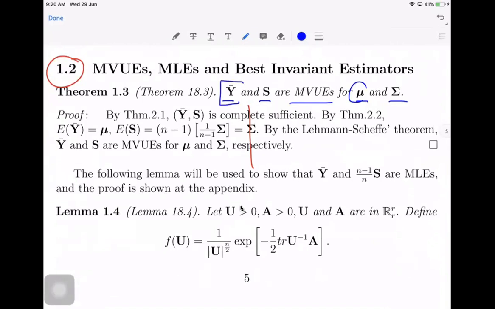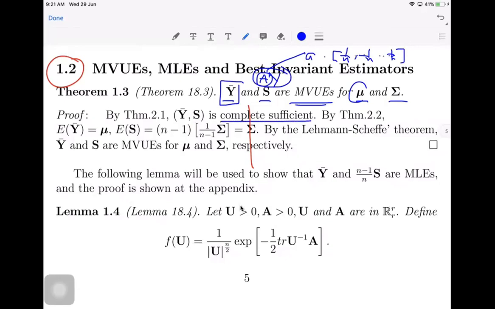Take note that actually Y bar is an expression of A Y, where our A here is denoted by small a, which is the vector 1 over n, 1 over n, 1 over n. So that is the expression for it to be an MVUE.